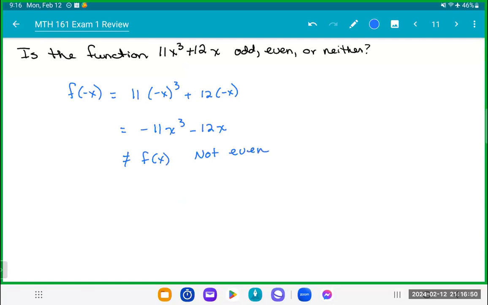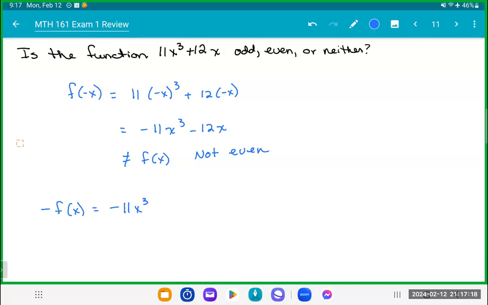Okay. So now let's test and see if I can get the negative of my entire function. The negative of my entire function, remember, that's where we just change all the signs in the original equation. So that is negative 11x cubed.